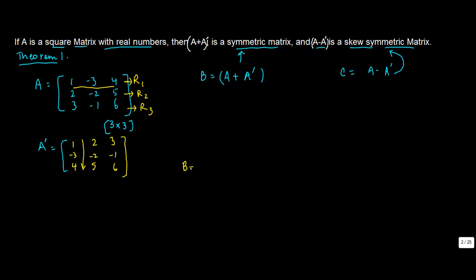Now once you've got these two matrices, you can find out B, right? So B is equal to A plus A dash. If you take the sum of both of them, you'll get 1 plus 1 equals 2. -3 plus 2 will give you -1. 4 plus 3 will give you 7. Sorry, it's not minus, it's plus.